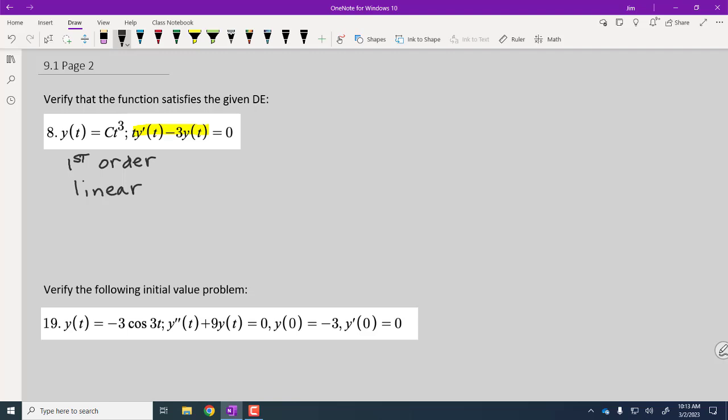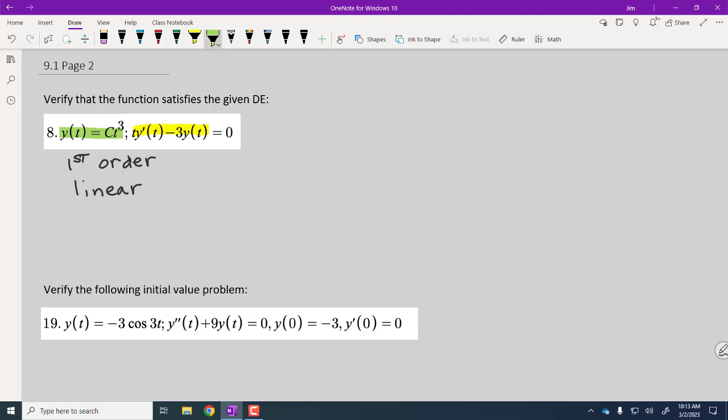They're not divided by each other. Right? There's no funny business. It's just y and y prime. There's no commingling of the derivative and the function. So that's a linear first order. And here, they claim that that function satisfies the differential equation. And we want to show that it does.